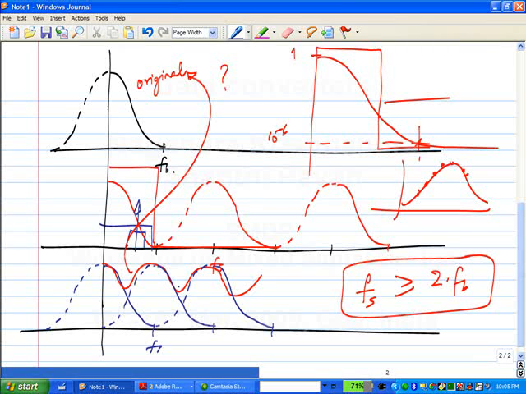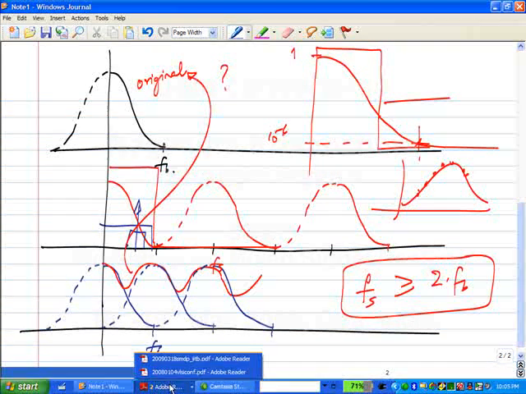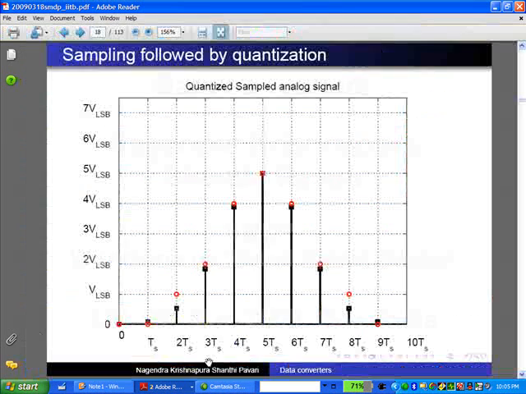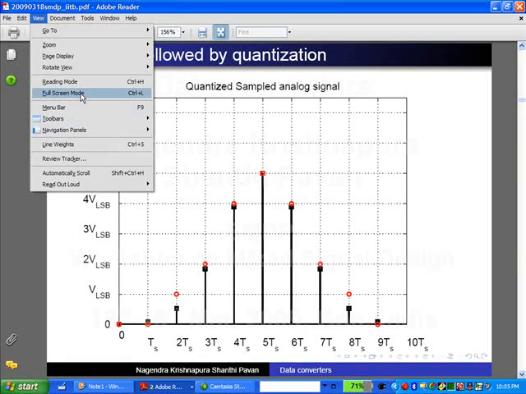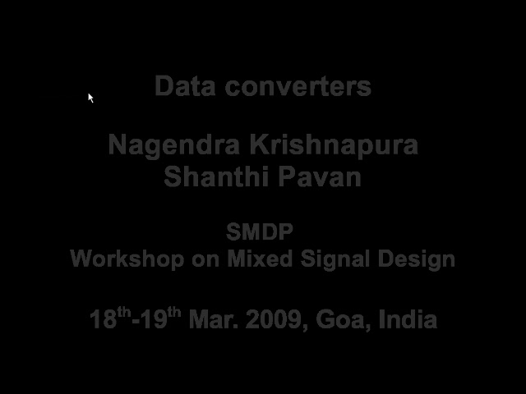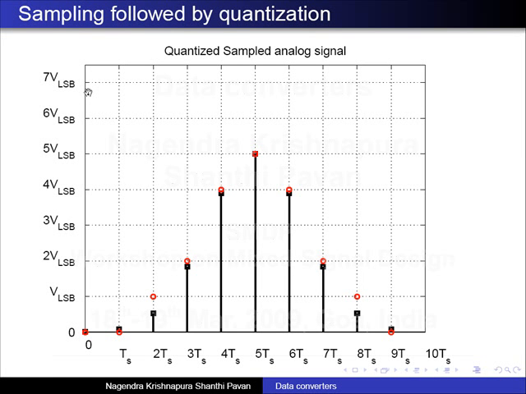Or in general, let's say, how do we find out the spectrum of a quantized signal? What really happens when you quantize it? Now, it is a little bit of a hard thing. You first sample and then quantize. It's generally not easy to figure out what happens.